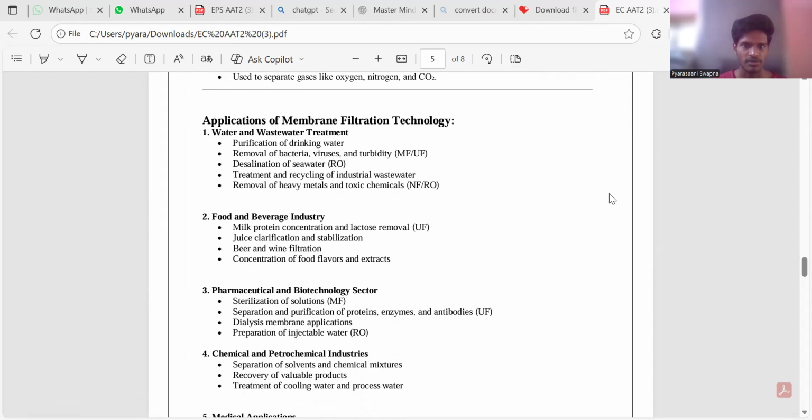Pharmaceutical and biotechnology sector: sterilization of solutions, MF; separation and purification of proteins, enzymes, and antibodies, dialysis membrane applications, preparation of injectable water.